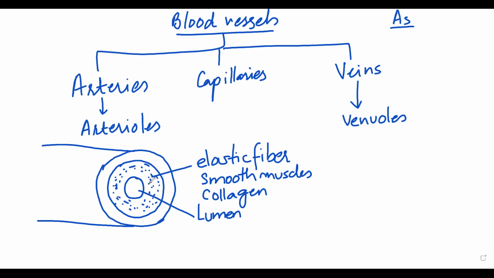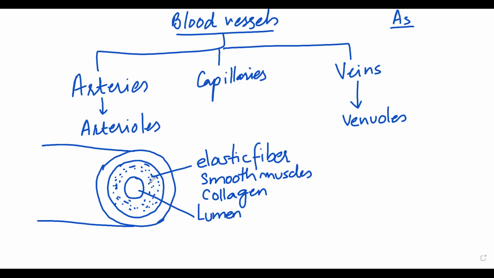Because when the heart squeezes, the blood that comes out of the heart is first received by the arteries. So arteries are the first tube-like structures that receive blood from the heart, and that's why they need thick walls so that they can resist the pressure. And when the blood comes into the artery, it has to have elastic fibers.